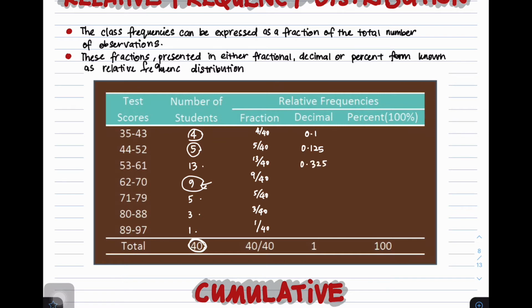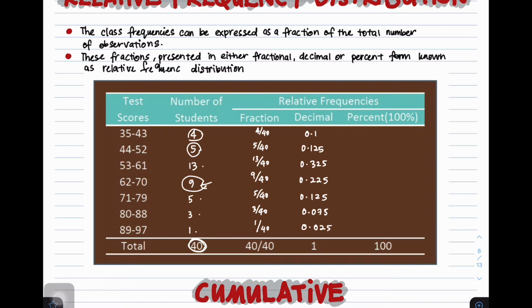Then 9 divided by 40 is 0.225. Then we have 5 divided by 40, the same as the previous one, 0.125. Then 3 divided by 40 is 0.075, and 1 divided by 40 you will have 0.025.